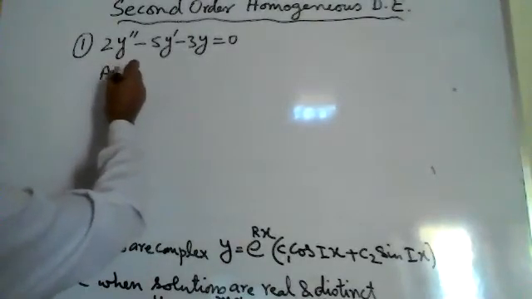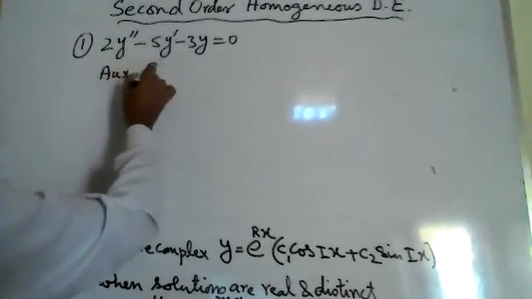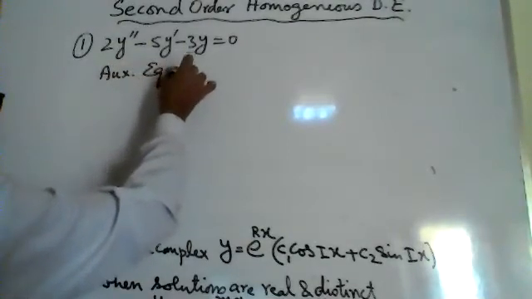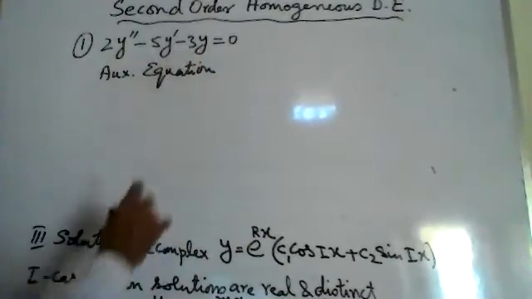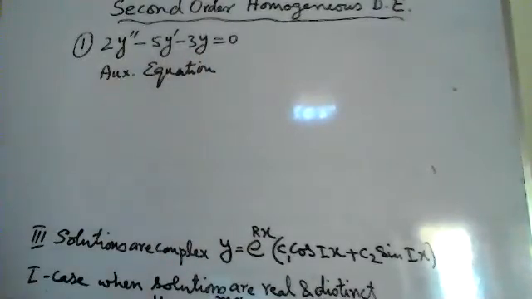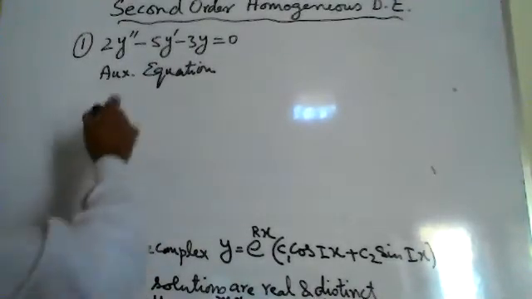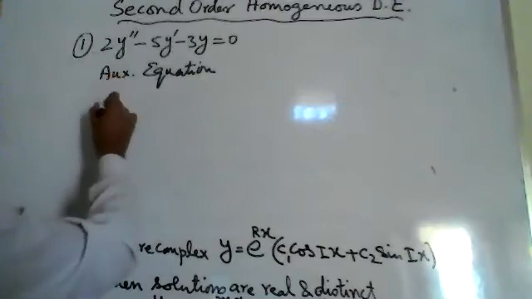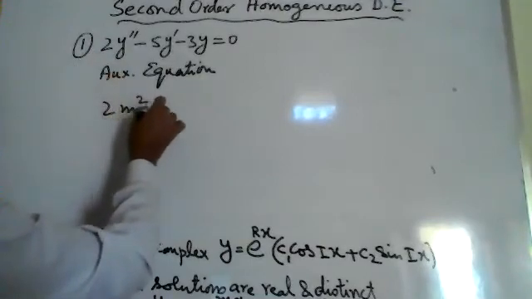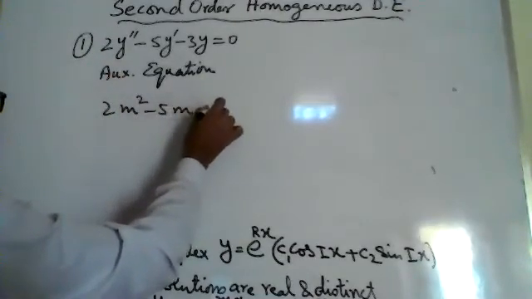No need to first convert into the operator D form. So we are directly converting into the auxiliary equation. It will become 2m square minus 5m minus 3.